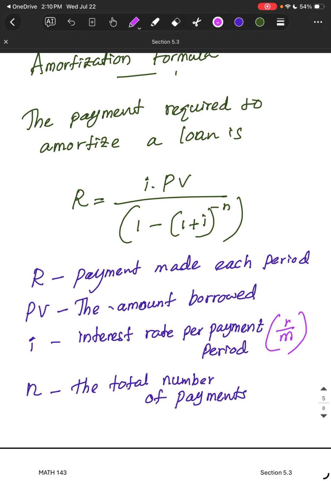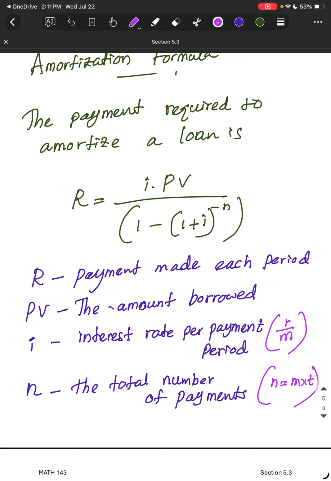So n equals m times t, with t in years. Before substituting into the formula, always calculate i and n. If the annual interest rate is r compounded m times per year, then i equals r over m, and n equals m times t.